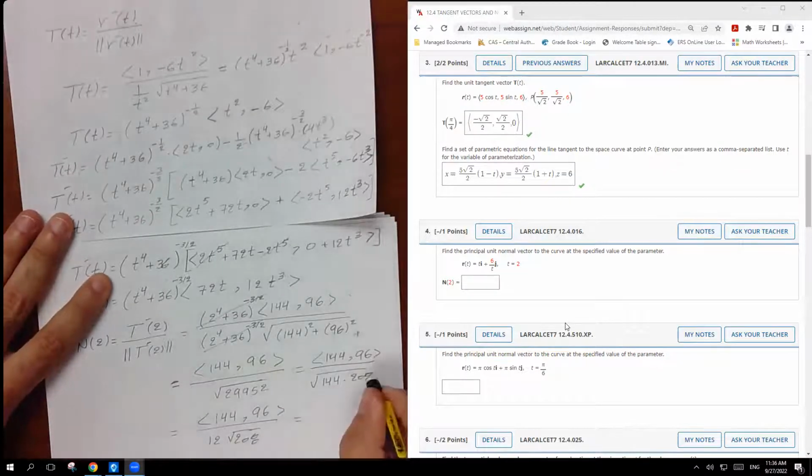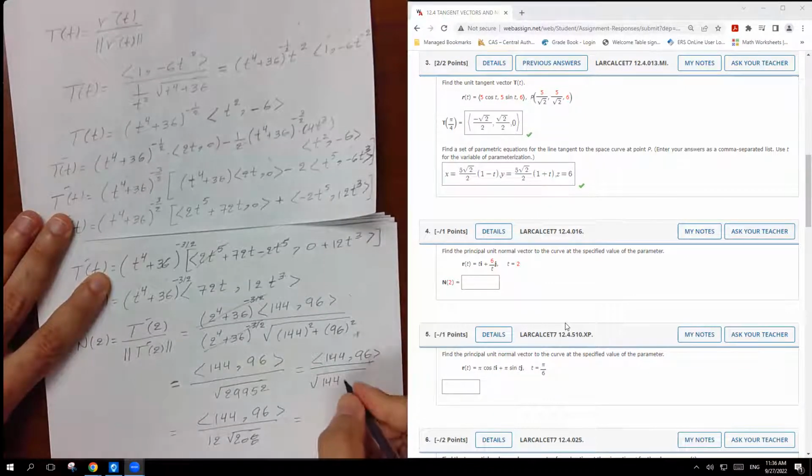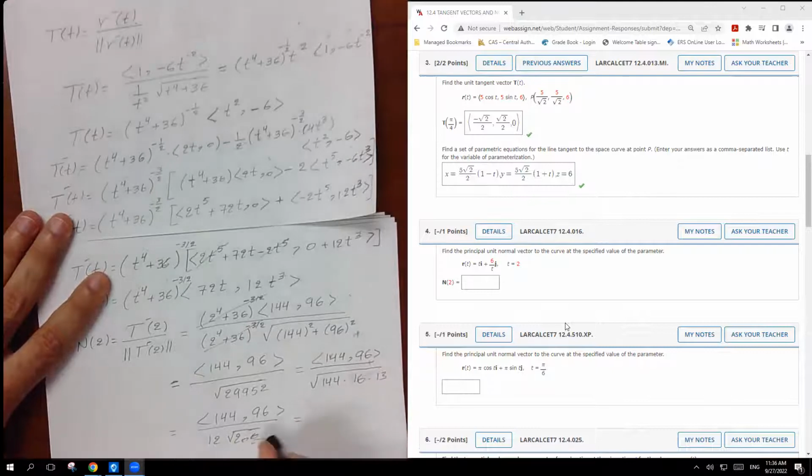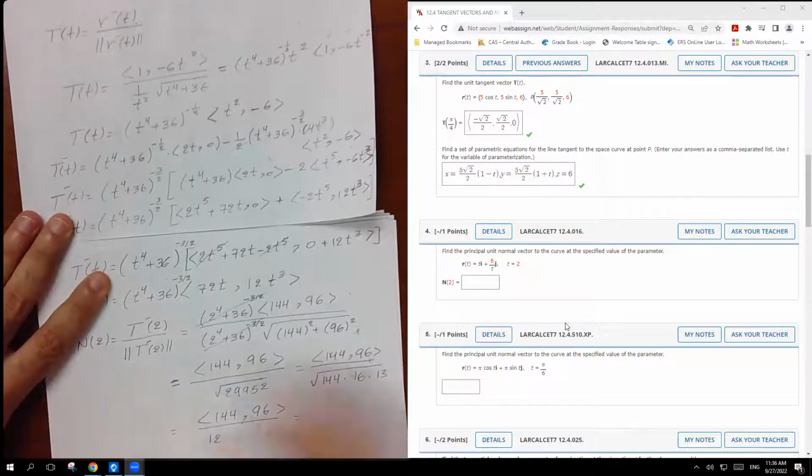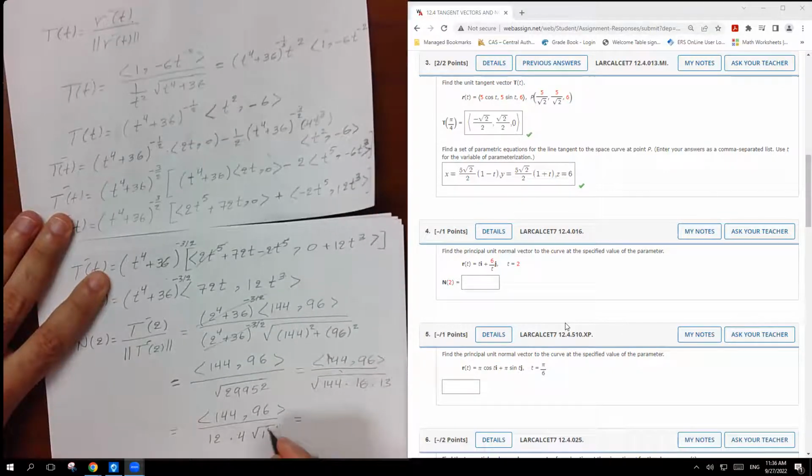Yes. So here, I'm gonna say 208 is 144 times 16 times 13. That means it's going to be 12 times 4 and keep the 13 under the root.